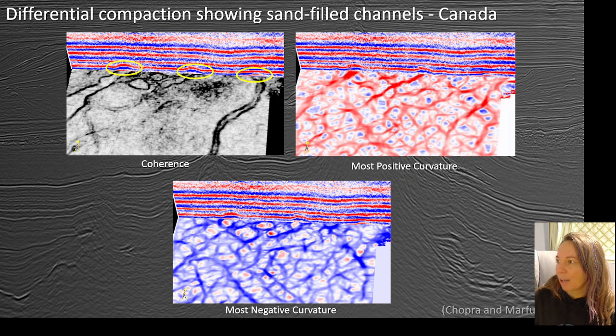So we'd be looking for that most positive curvature. And you can see the bump in the seismic, if you can see my laser pointer here. So we've got the coherence showing the edge of the channels, and then the most positive curvature will show us where we have that mounding from the sand differential compaction.